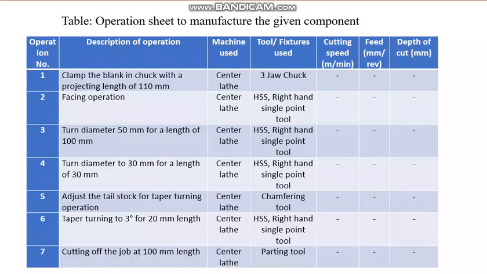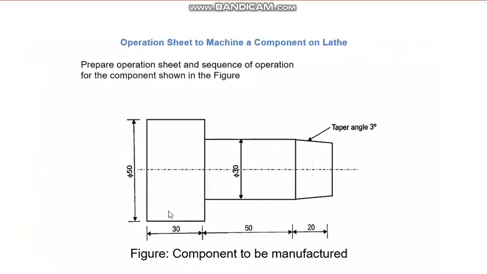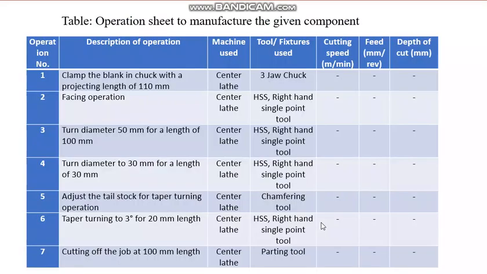Now we are not going to discuss the fine minute details of this. You have to clamp the blank in the chuck. You have to do the facing operation. You have to turn it to 50 diameter for a length of 100, because this is 30, this is 50, and this is 20, total is 100.